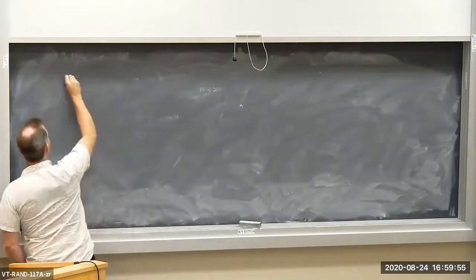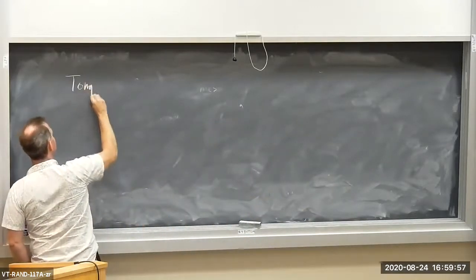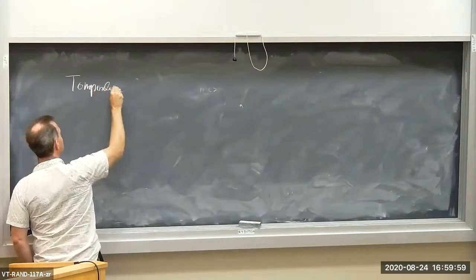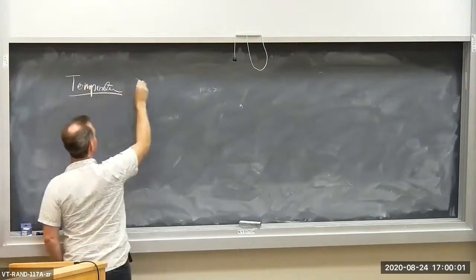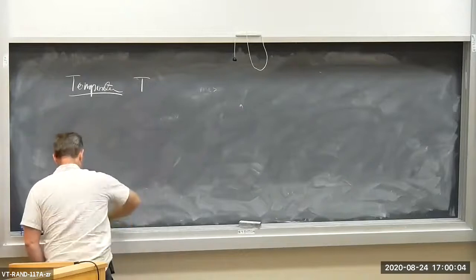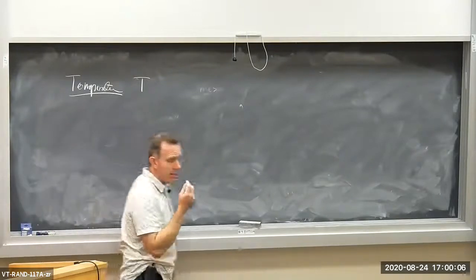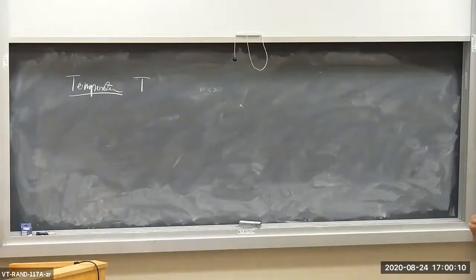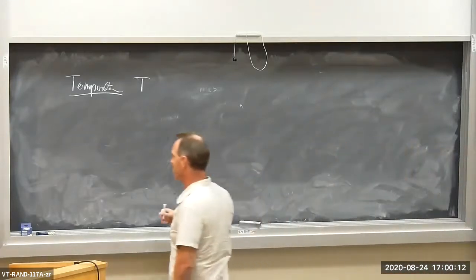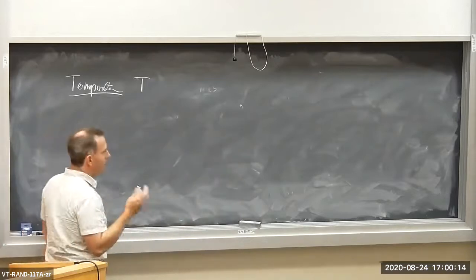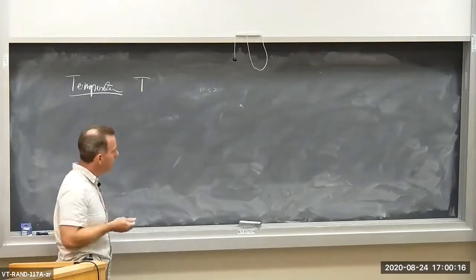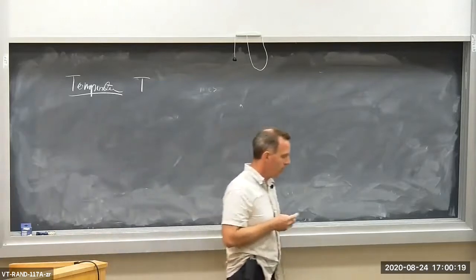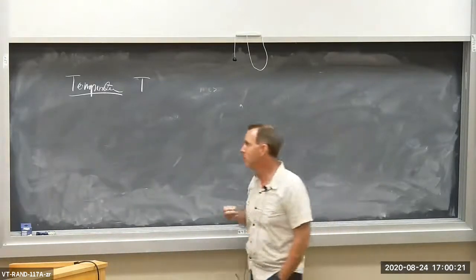So let's look at temperature, T. Okay? Now clearly temperature is an intensive property, so it doesn't depend on the size or extent of the system. So let's remind ourselves what units are used to signify temperature.